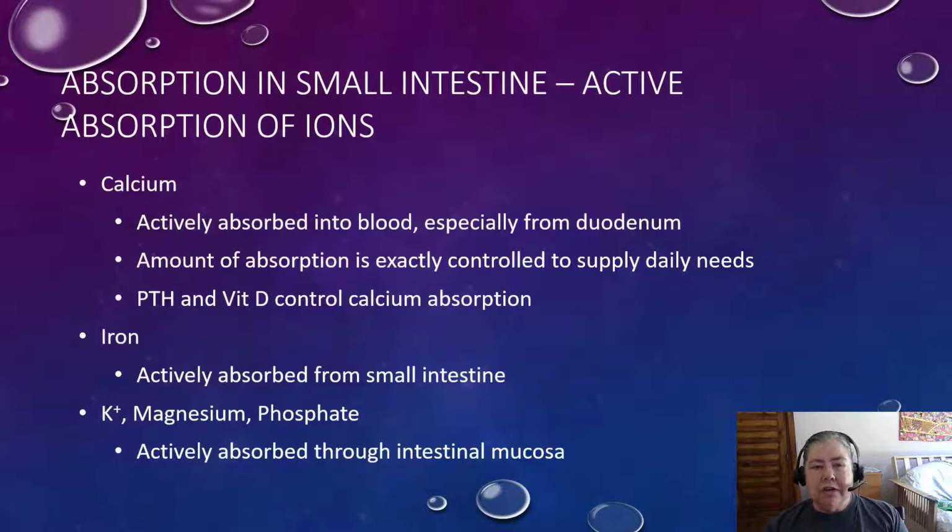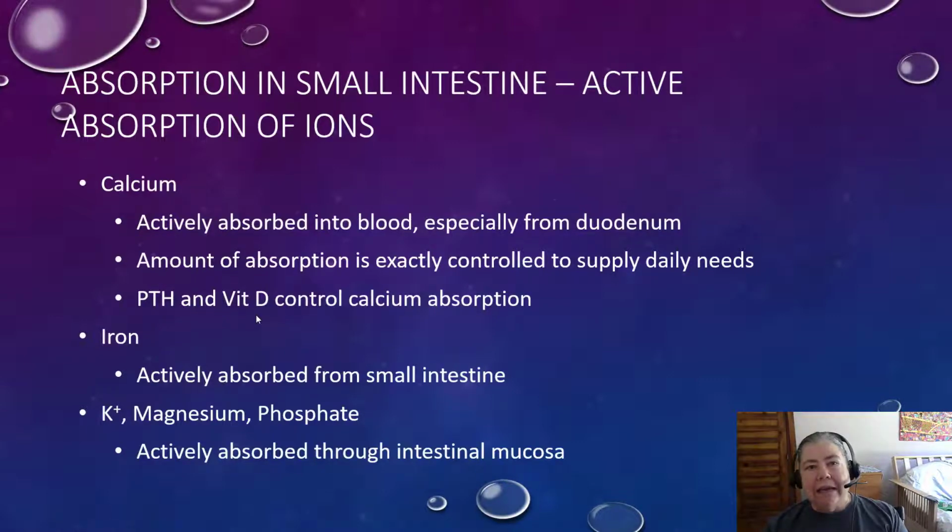In addition to sodium and chloride, there is active absorption of a number of other ions. The absorption of calcium, primarily in the duodenum, is very tightly controlled, and it is tightly controlled through the mechanisms that we've talked about before, using parathyroid hormone and vitamin D. So you don't absorb any more calcium than you need.